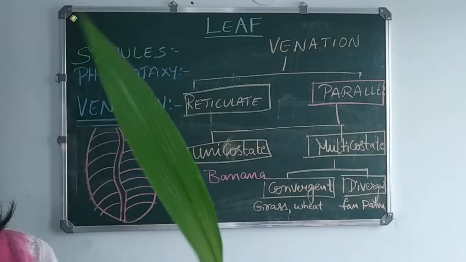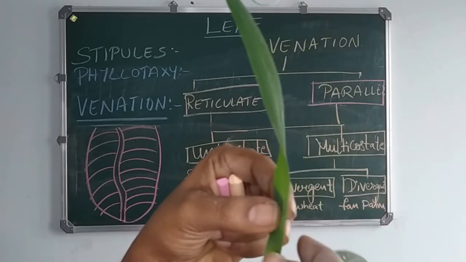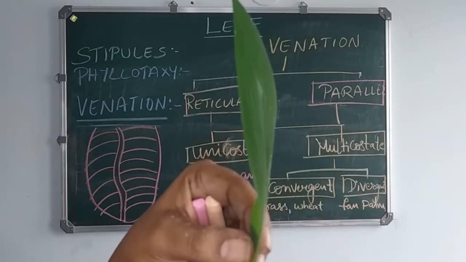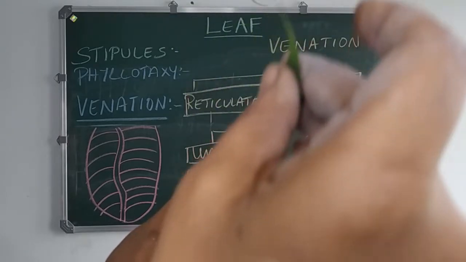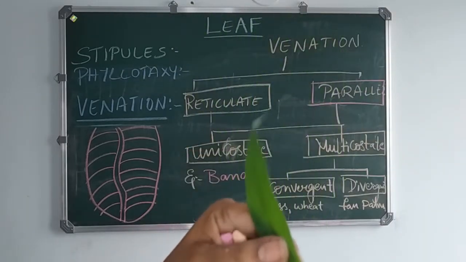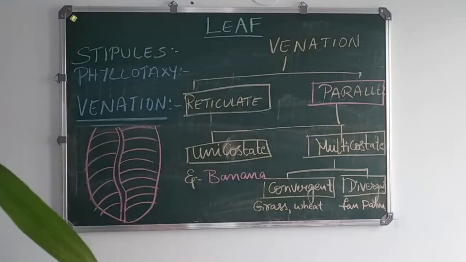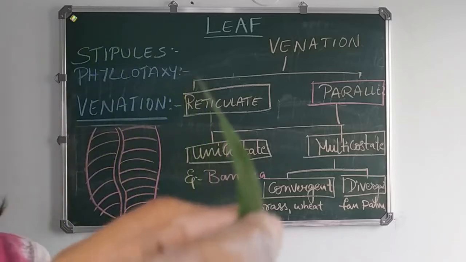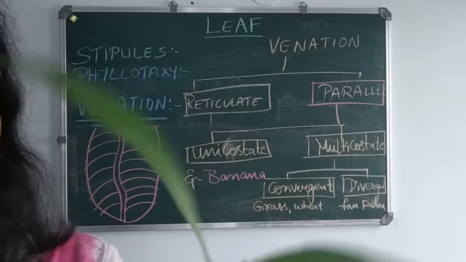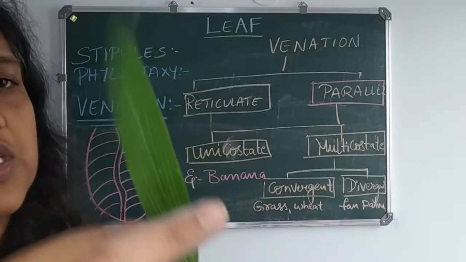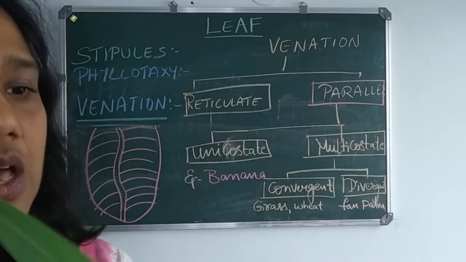There are multiple midrib-like structures, quite strong, but of course there's one which is prominent, and the others run parallel to it. We consider this a multicostate parallel venation, convergent in nature. Example for this is wheat or grass.